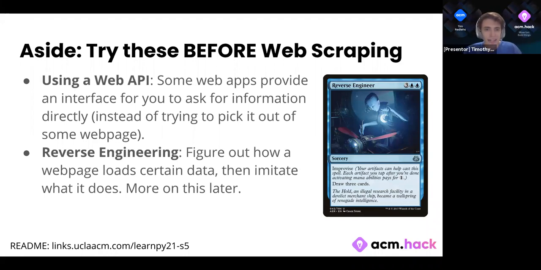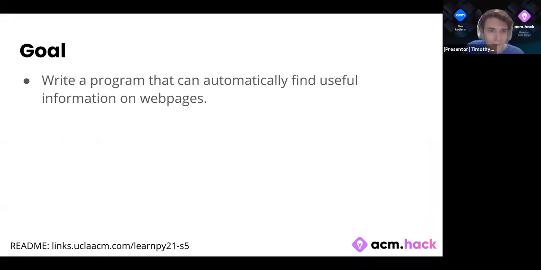The other idea is reverse engineering, which is similar. It effectively boils down to figuring out how the web page you want to scrape works, and then limiting the amount of requests you're making to only what you need. And we'll go over that. To reiterate the goal: write a program that can automatically find useful information on web pages.